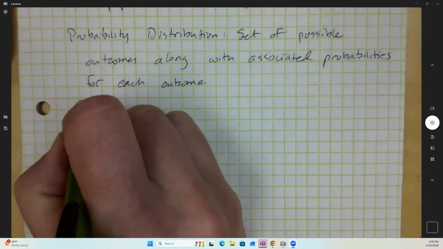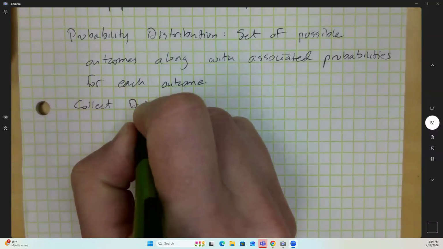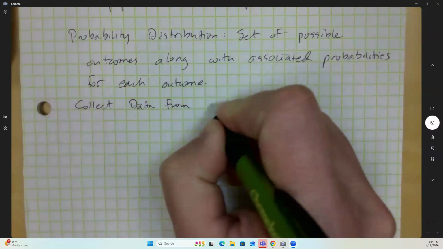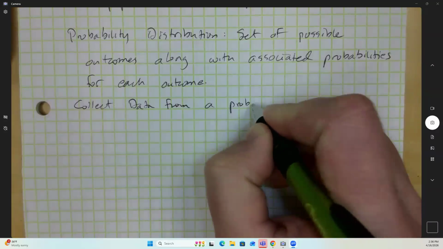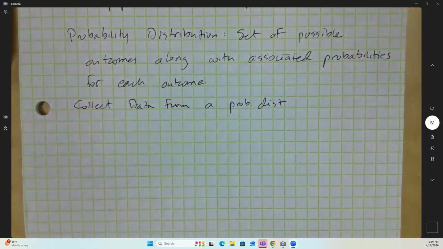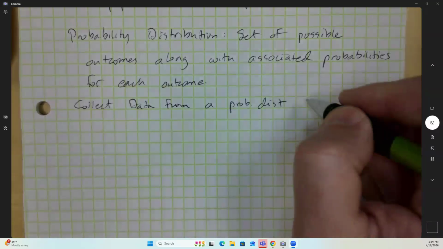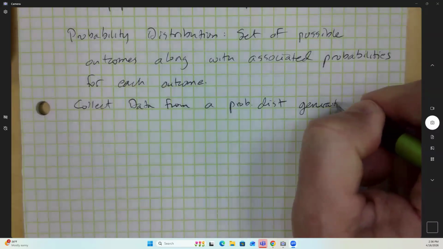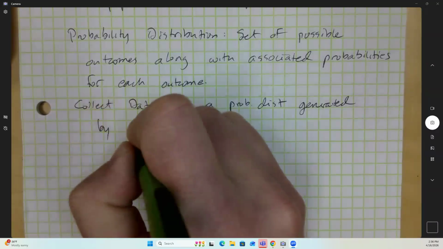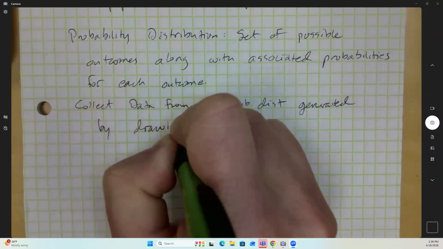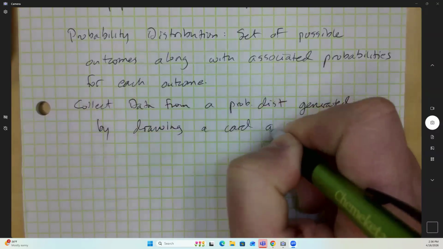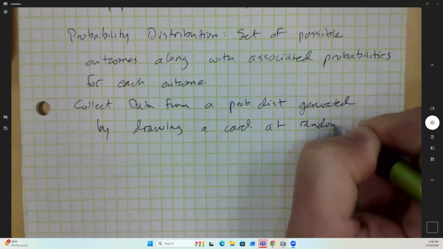But let's collect data from a probability distribution generated by drawing a card at random.